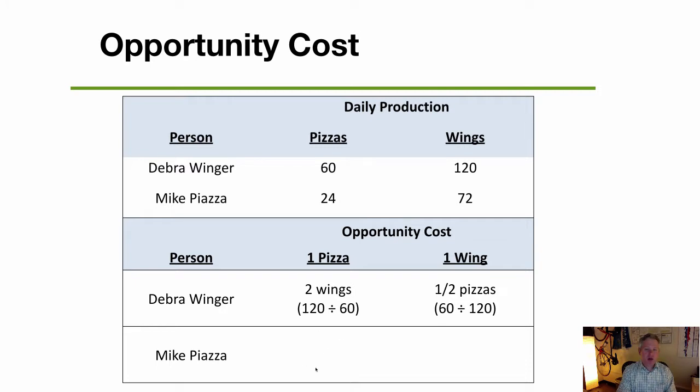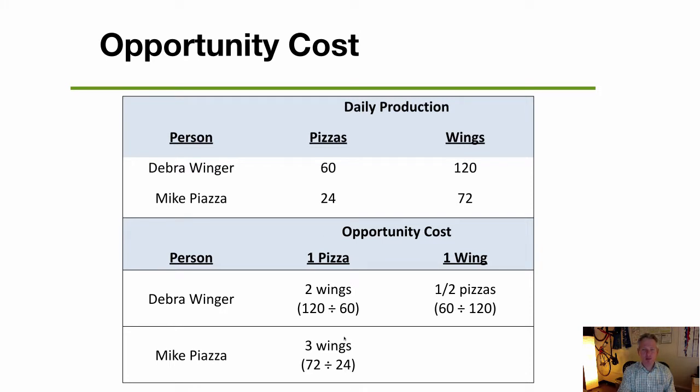For Mike, what does it cost Mike to produce 1 pizza? Again, you put the thing you are producing 1 more of in the denominator, and then you put the other thing in the numerator. So it costs him 3 wings. So 72 wings divided by 24 pizzas.